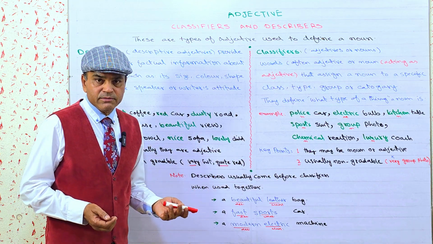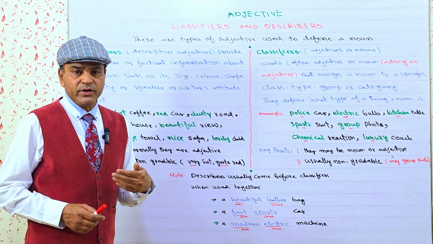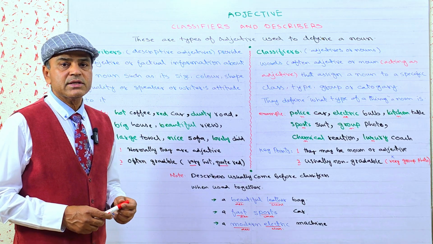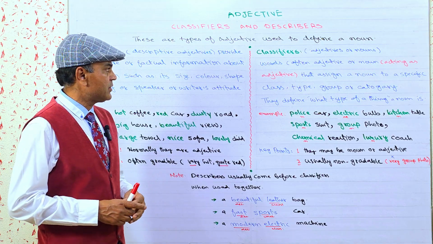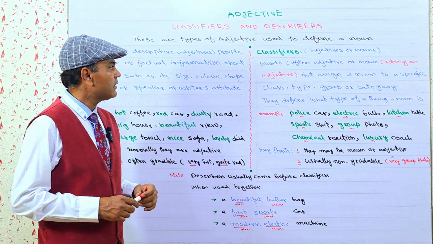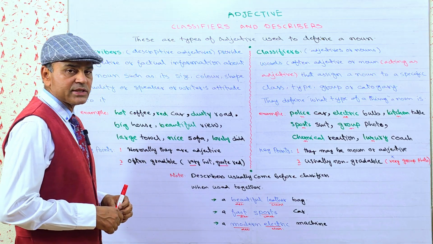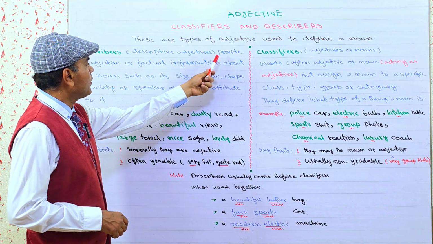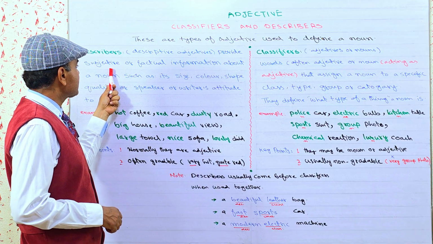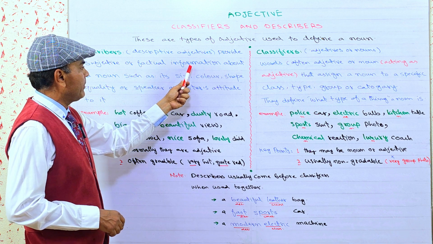Of course, an adjective will do the function of an adjective, but in some cases, some other words also do the function of an adjective. That's why I stressed that word. So describers provide subjective or factual information.